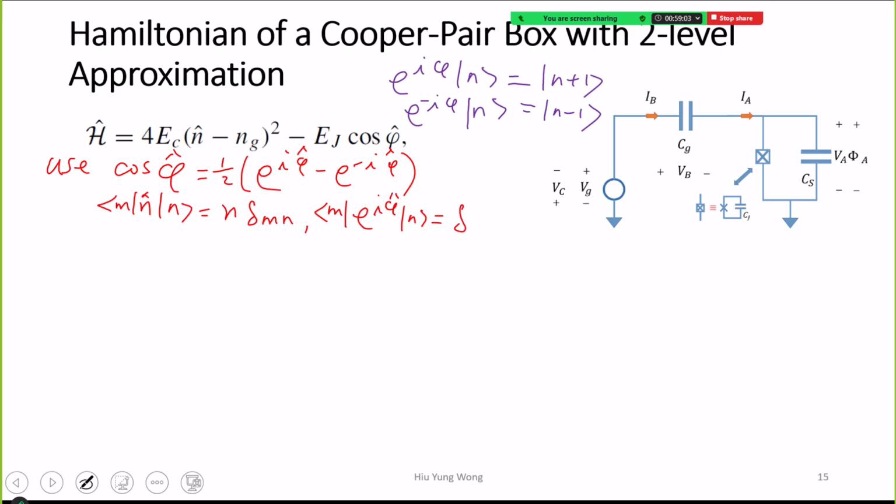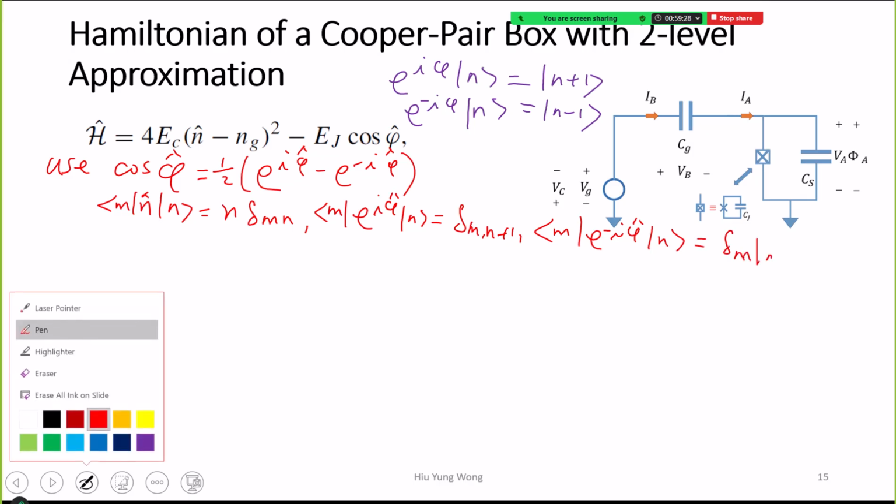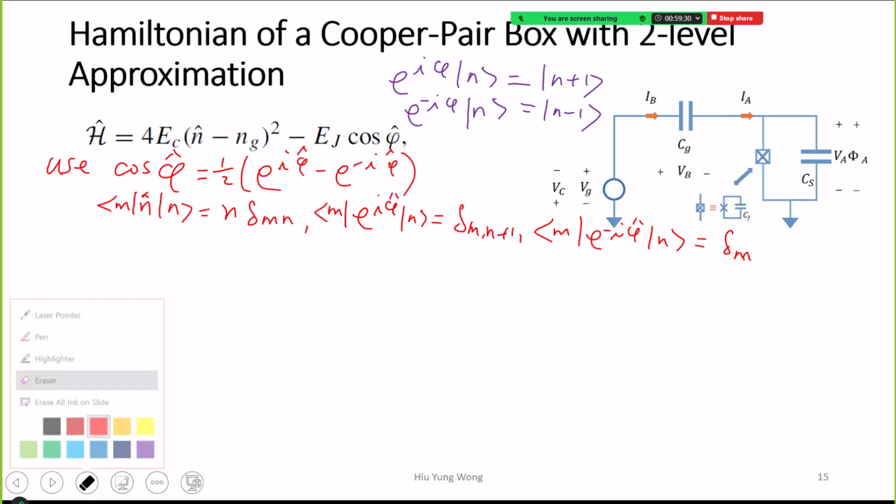You need to have m equal to n plus 1, then it is non-zero, right? And similarly, e to the power negative i phi n needs to have m equal to n minus 1. And that is the off-diagonal, one row up, what you just said.